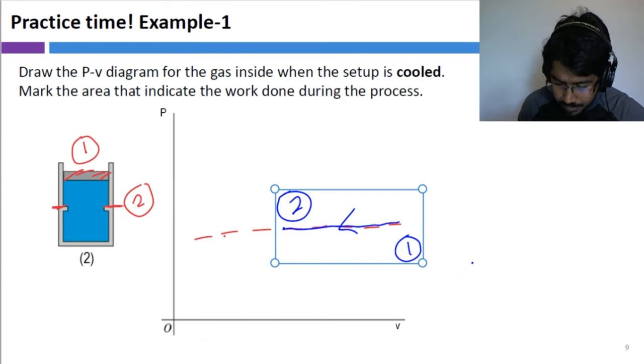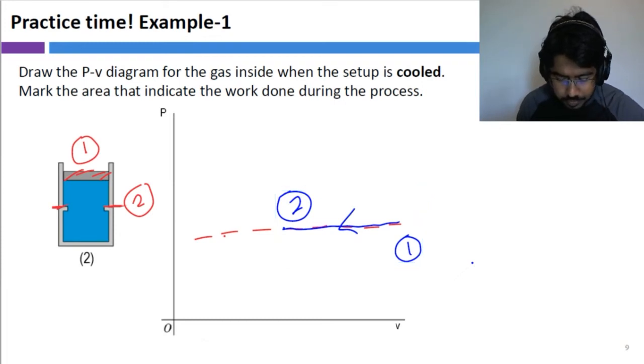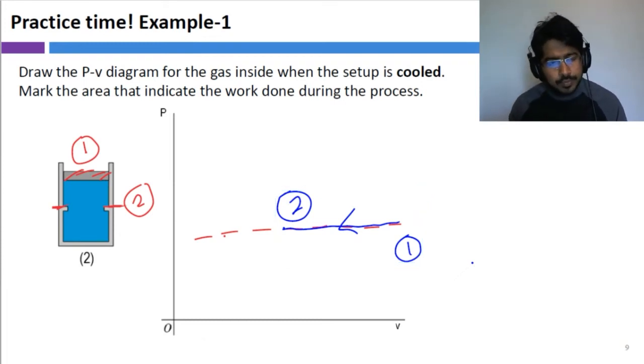Okay, perfect. Now, from 2, after the piston hits the stop, what happens to the volume when we cool? It remains constant.